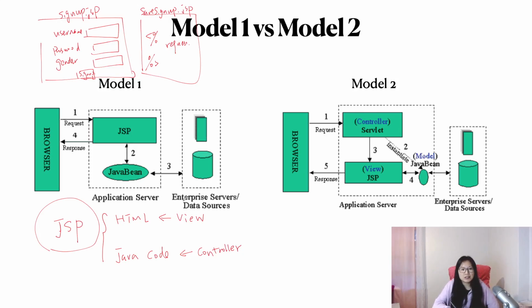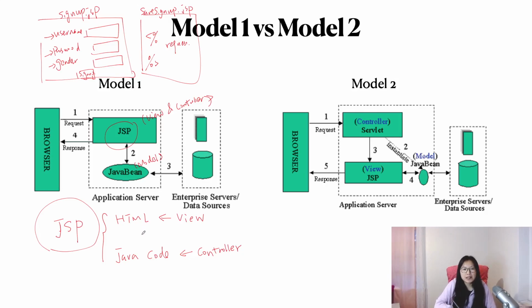So the JSP in this case acts as a view and controller, and the JavaBean is a model, our domain model, like user, employee, student, person, which carries the form information.